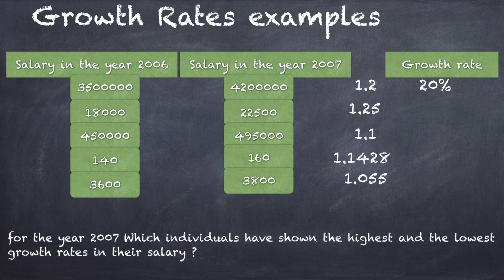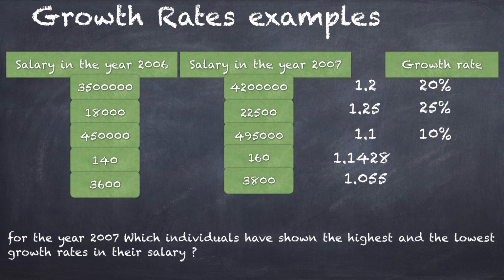So the moment I see this 1.2, I know that there is an increase of 20%, or the new value is 120% of the old value. I can try the same process for the others. When the value is 1.25, that means 18,000 should be multiplied by 1.25 to get to 22,500, or 22,500 is 125% of 18,000, or 22,500 is 25% more than 18,000.